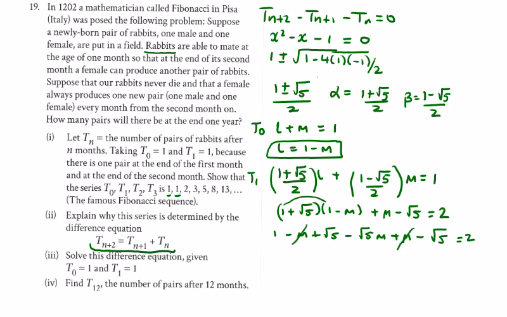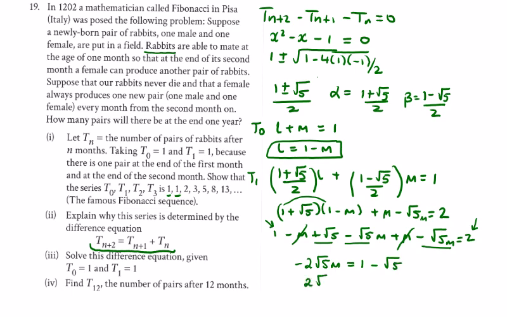So the M's cancel, and we're left with minus root 5M minus root 5M, so minus 2 root 5M would be equal to this 2 here, minus 1, which is 1, and then we're going to have to bring across root 5, which is all that's left, so 1 minus root 5.